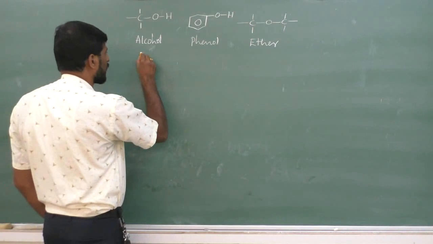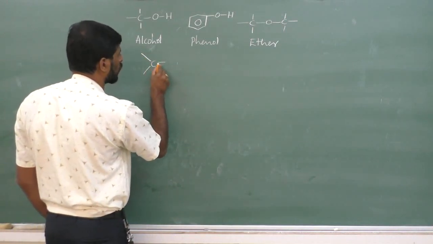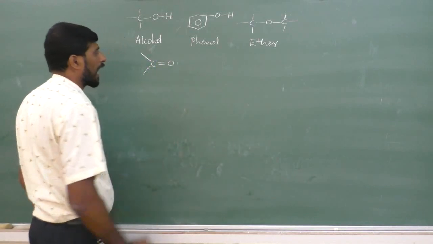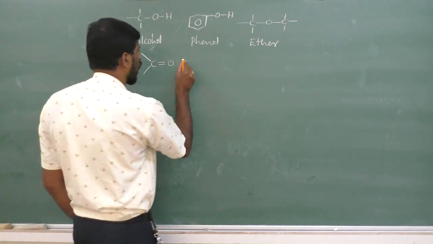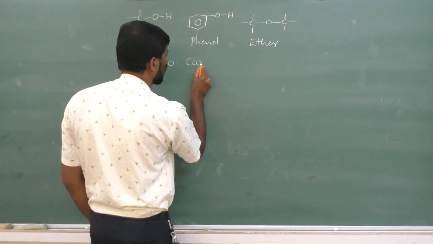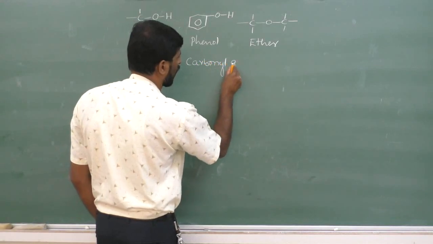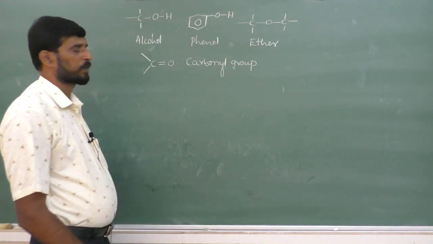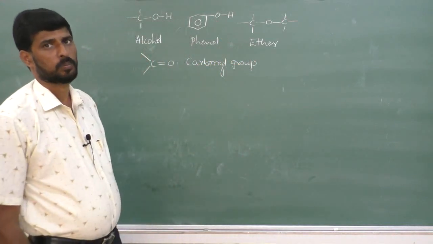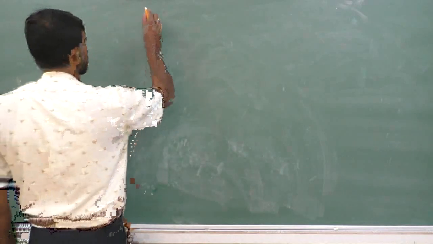See here, the carbon atom is connected to oxygen through a double bond, and this functional group is called the carbonyl group. Okay. Next, we will discuss the aldehydes.